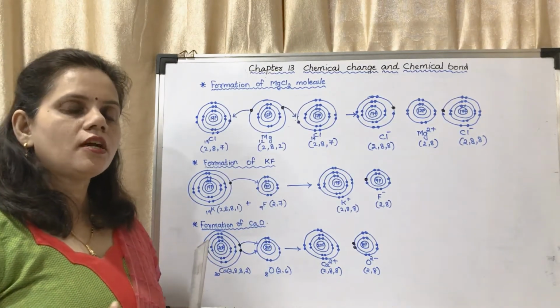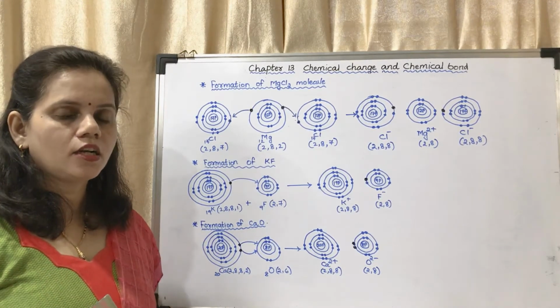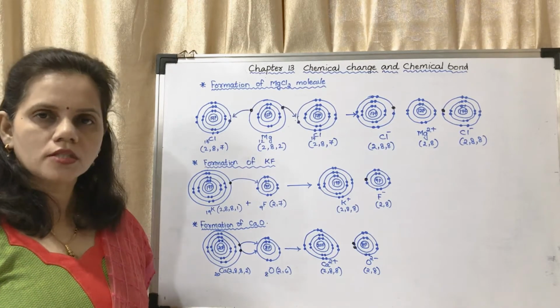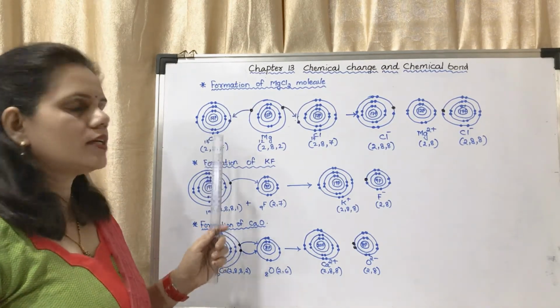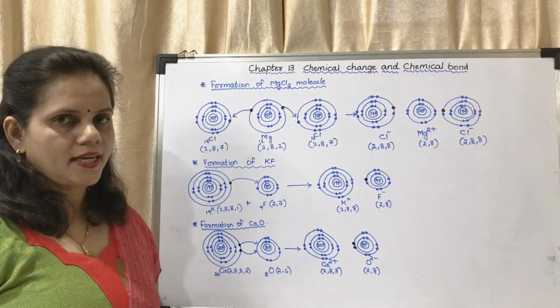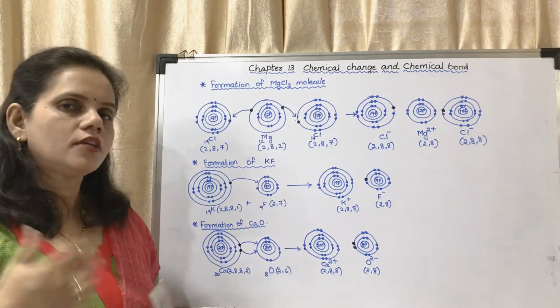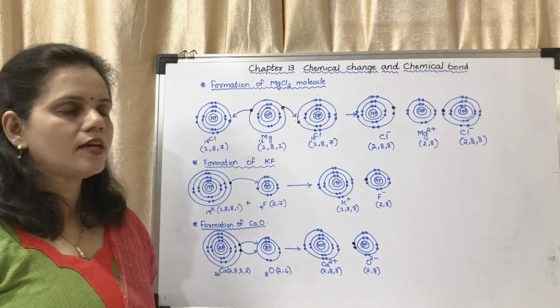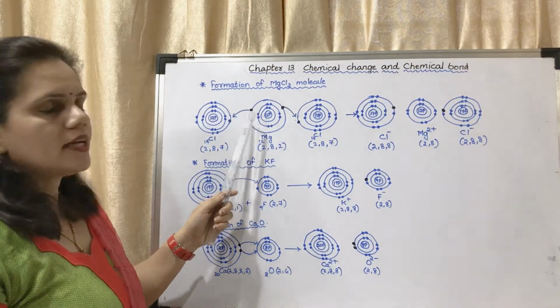So instead of taking 1 chlorine, it will form bonds with 2 chlorine atoms. Why? Because 1 chlorine is able to take only 1 electron, but magnesium wants to give 2 electrons. So it will need 2 chlorine atoms.